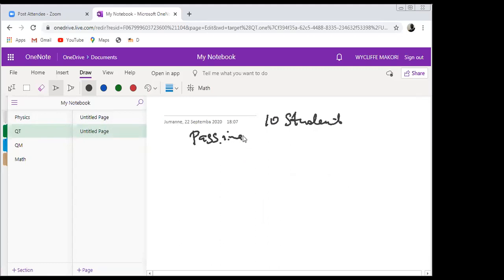If there are 10 students, each of them has a probability of 1 over 6. Therefore, the probability of a failure would be equal to 1 minus 1 over 6, which will be 5 over 6. Because if we are subtracting 1 over 6, this 1 is the same as 6 over 6 minus 1 over 6, which is 5 over 6.